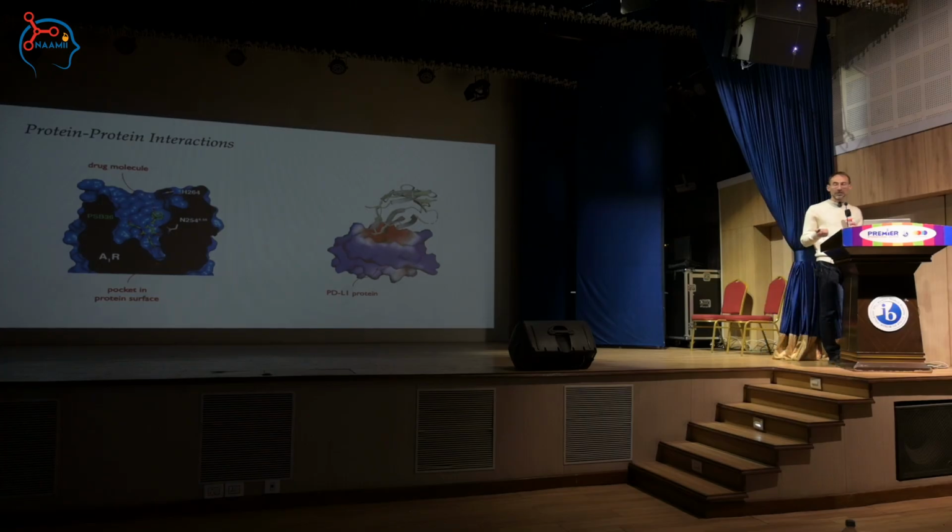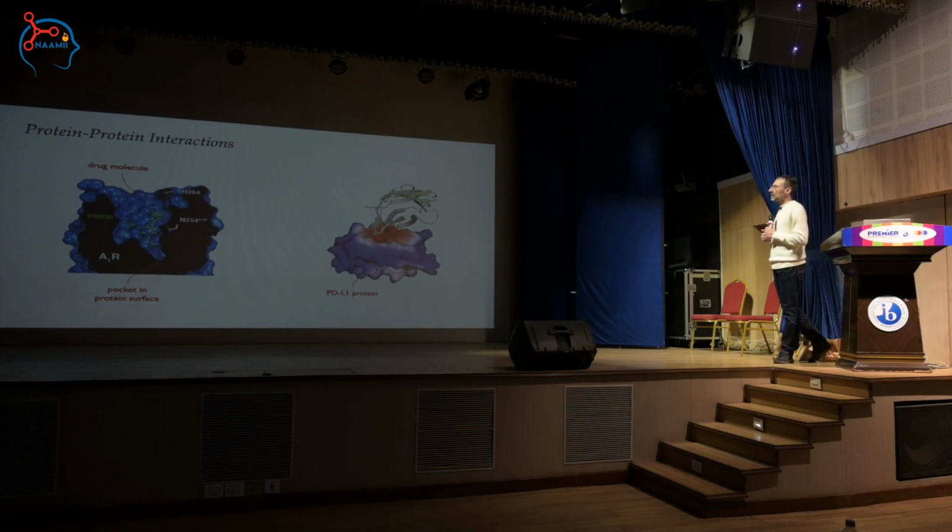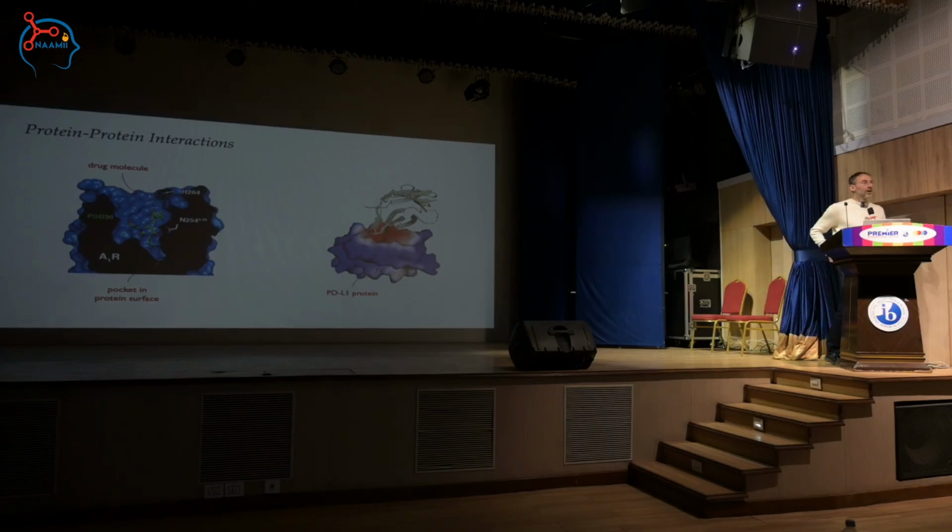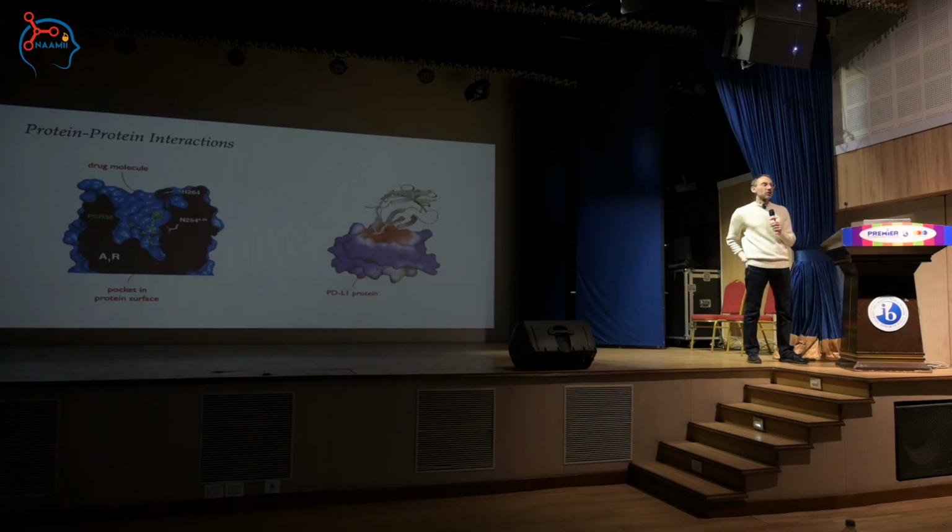So this is an important oncological target. It's called programmed death ligand 1. This is a protein that is responsible for a kind of friend-or-foe mechanism in our body. We have an immune system with cells that constantly kill all the stuff that is not supposed to be there, including malignant cells, including cancer.